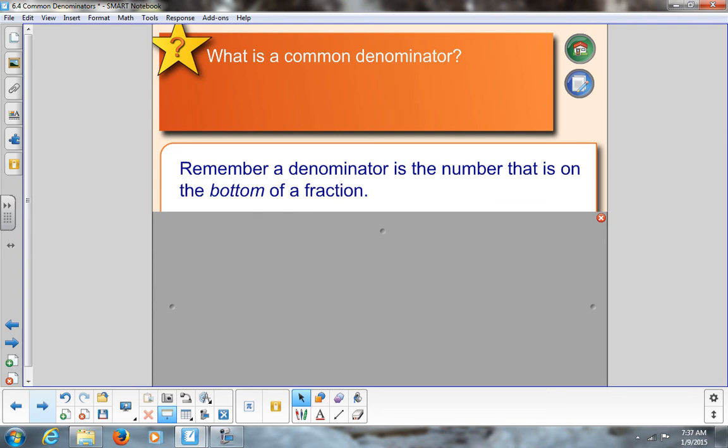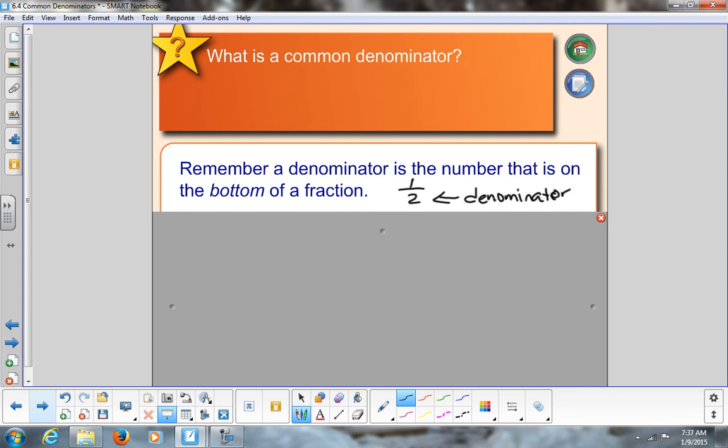A denominator is the number that is on the bottom of a fraction. So if we have a fraction that is 1/2, this right here is the denominator. Nope, not denomination. Denominator.